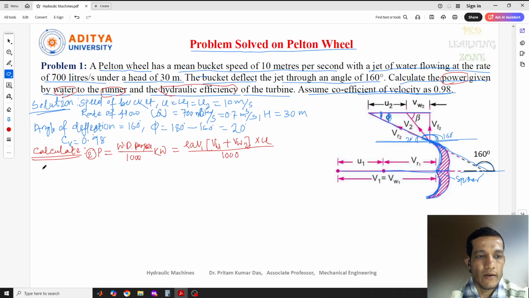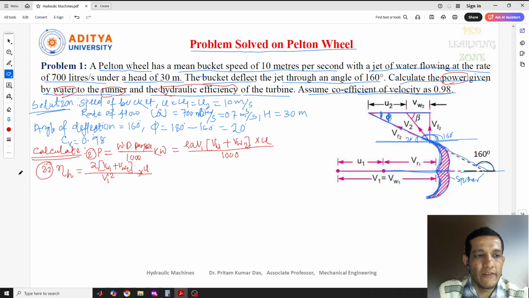And the second one is hydraulic efficiency. We have seen that efficiency is output by input. And finally, by solving that, we got this equation: 2 into (VW1 plus VW2) into U divided by V1 square.